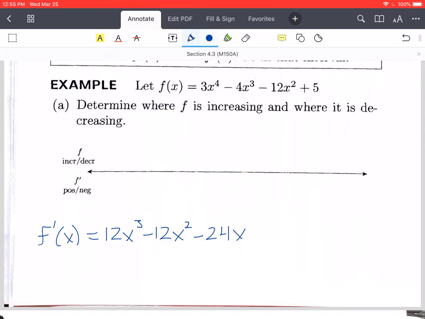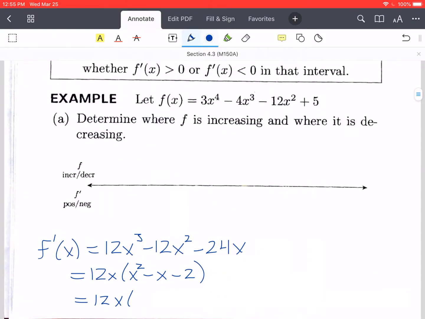Okay, so to determine where this is equal to 0, we need to start factoring. So I can factor out a 12x from everything. That leaves me with x squared minus x minus 2. And then that term is also factorable. So that's going to be x minus 2 times x plus 1.